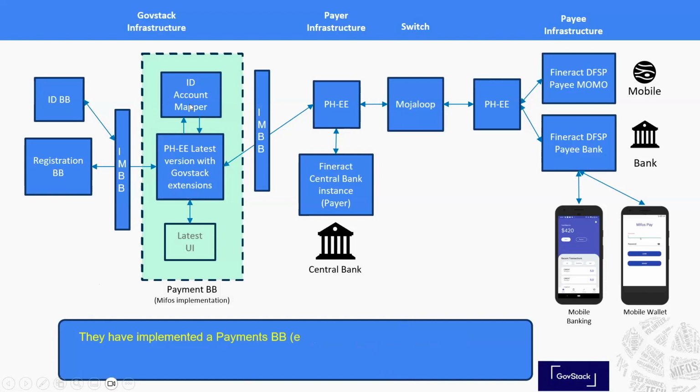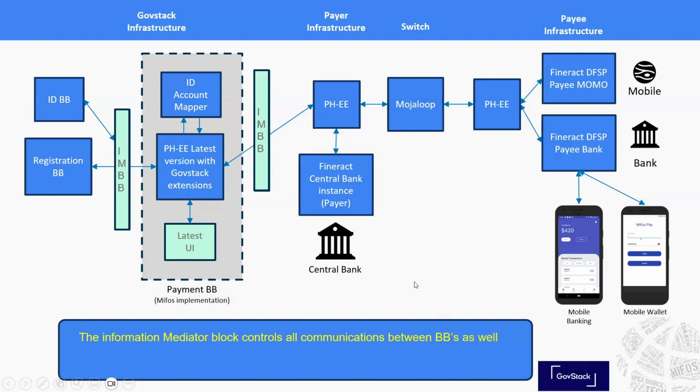And finally, they have implemented the payments building block, for example, the Mifos Payment Hub Enterprise Edition. As we said previously, this building block is, you could say, the gatekeeper of all the information traveling between all the building blocks.